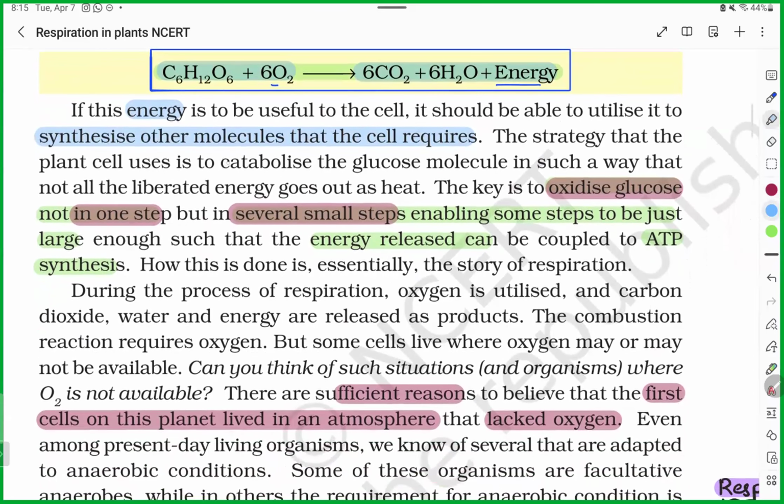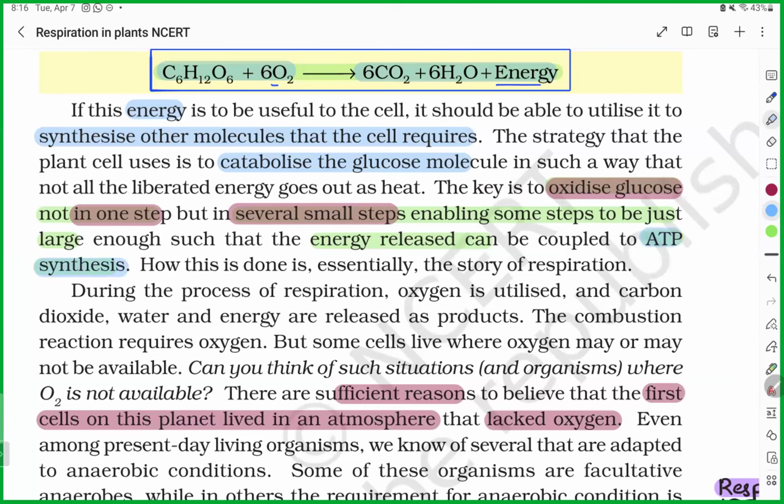Correct? That's why plants will break down the glucose molecule, so not all the energy is released in the form of heat. Glucose will break down in multiple small steps, and these multiple small steps will produce ATP. Right?